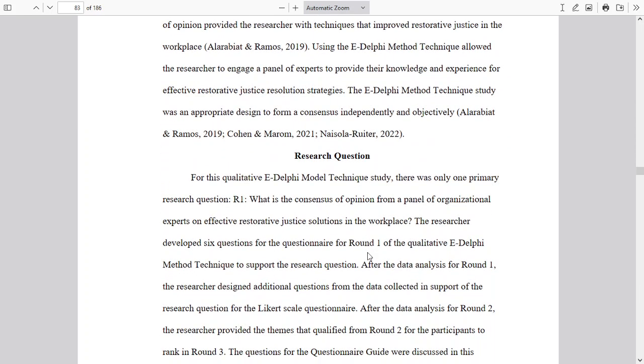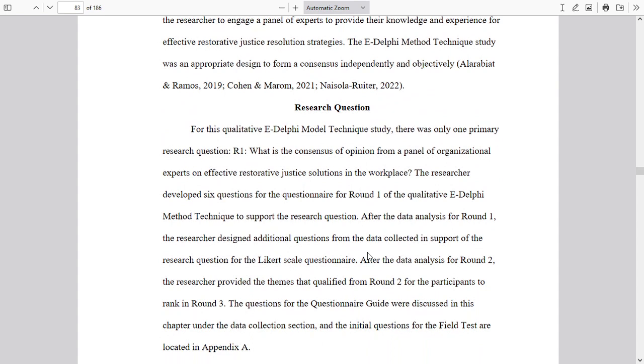Okay, so the research question is, what is the consensus of opinion from a panel of organizational experts on effective restorative justice solutions in the workplace? So the researcher developed 6 questions for the questionnaire for round 1 of the qualitative E-Delphi Method Technique. And this kind of follows what the E-Delphi is about.